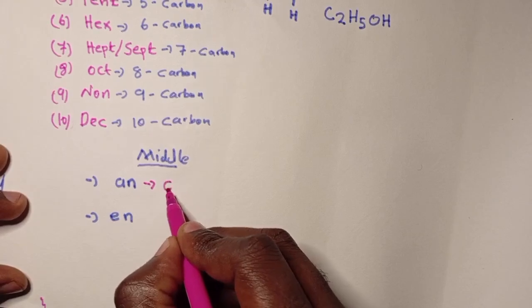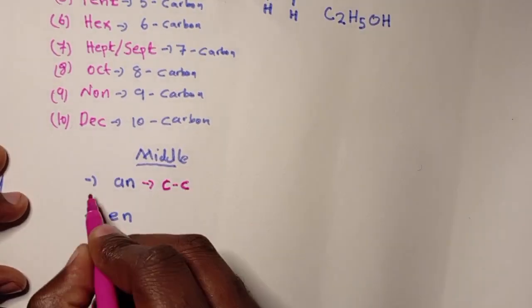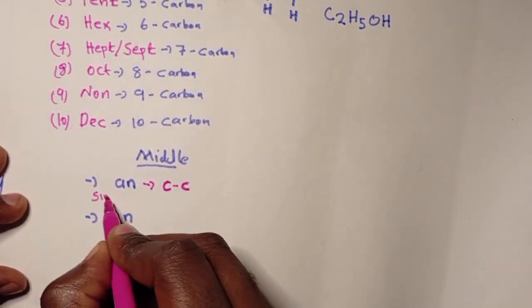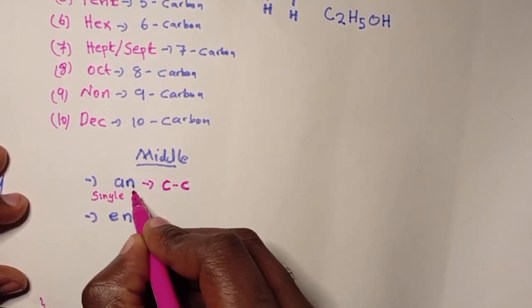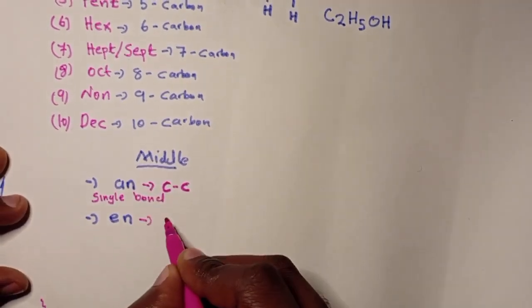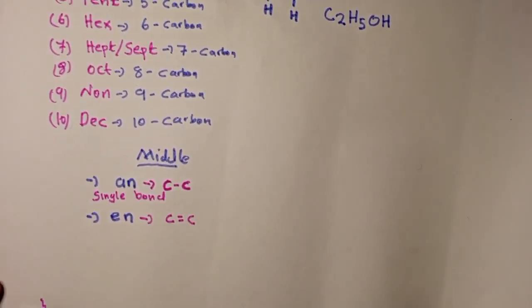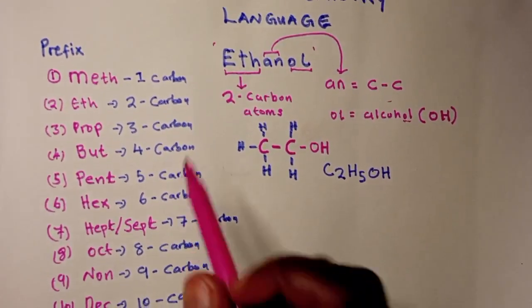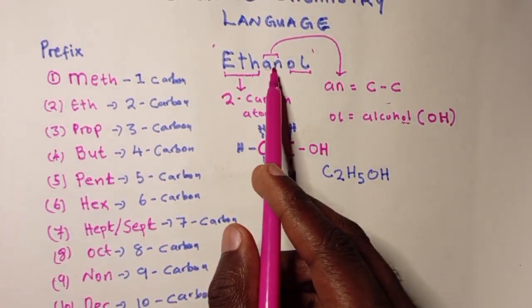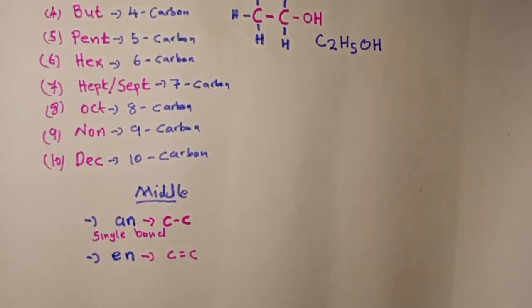This means that there is actually a single bond. Then this simply means that there is a double bond. That is why I come back to this again. I could tell, oh, 2 carbon, single bond. As easy as that. So this is what you expect to find on the middle.